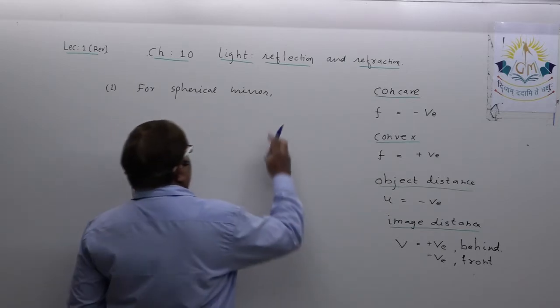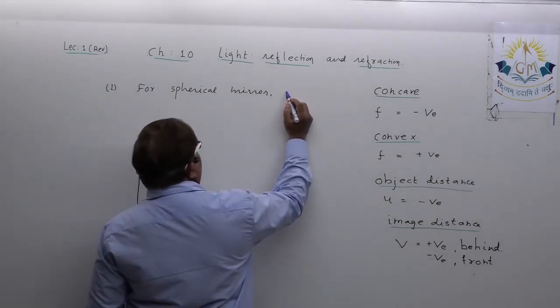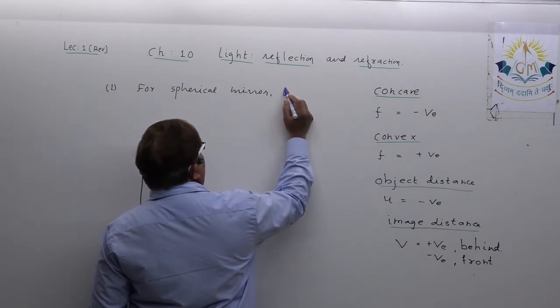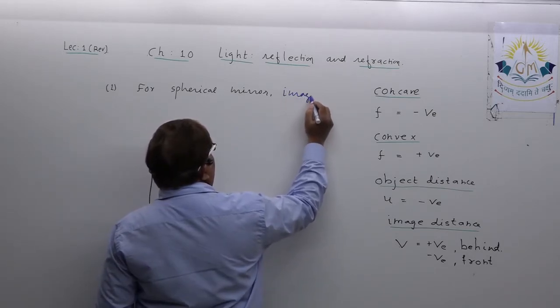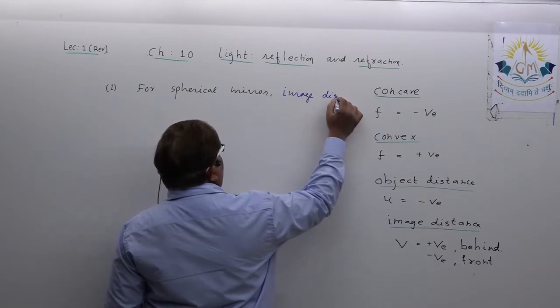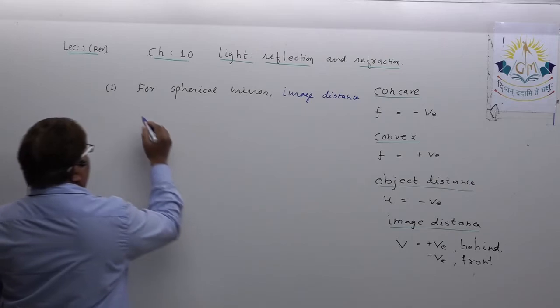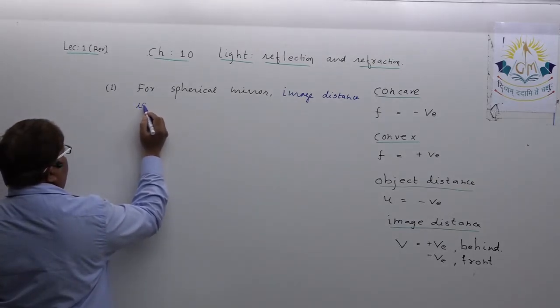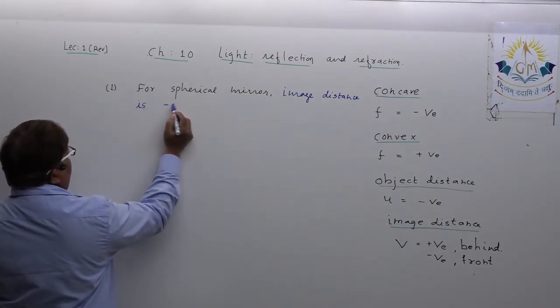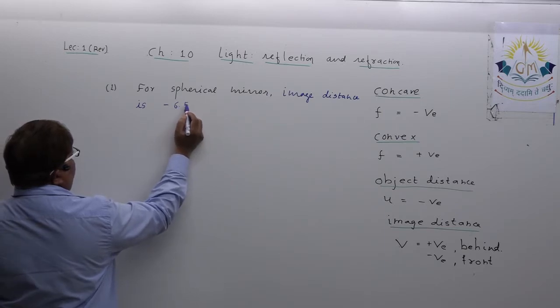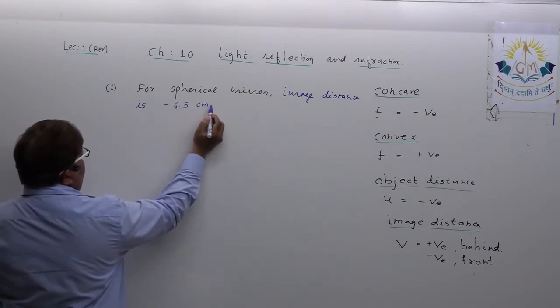If I write for a spherical mirror, image distance is minus 6.5 centimeters.